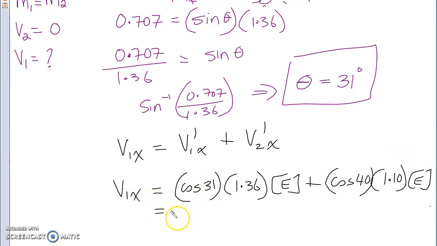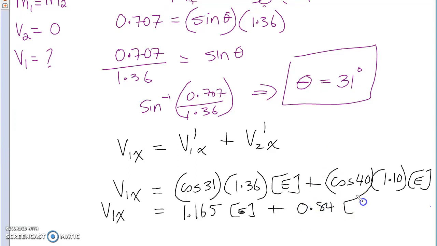Please calculate those values. What do you get? What is your v1x? What is this first one, cos of 31 times 1.36? 1.165 meters per second going east, plus, what is this one right here, cos of 40 times 1.10? 0.84 meters per second also going east.